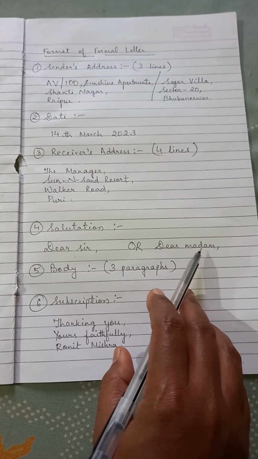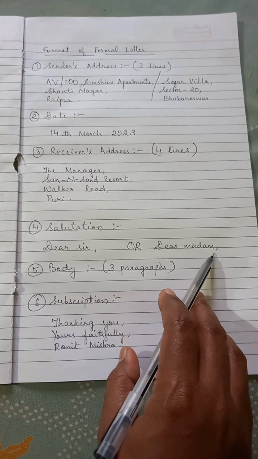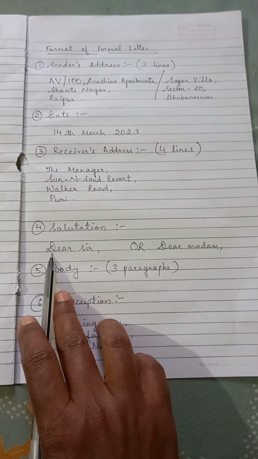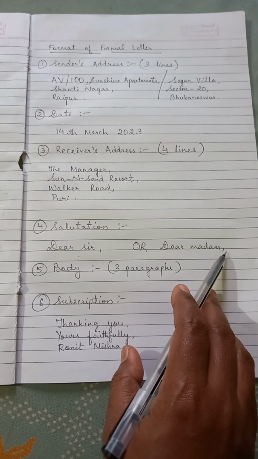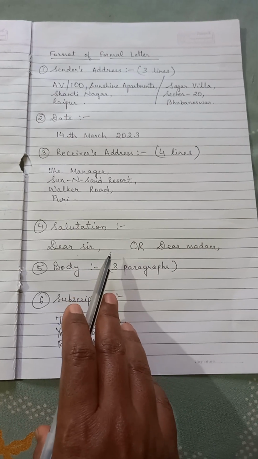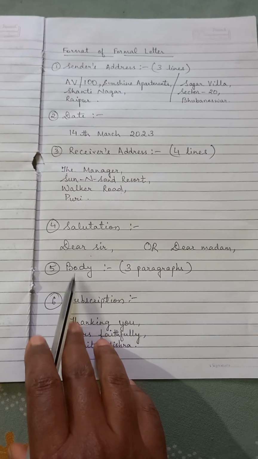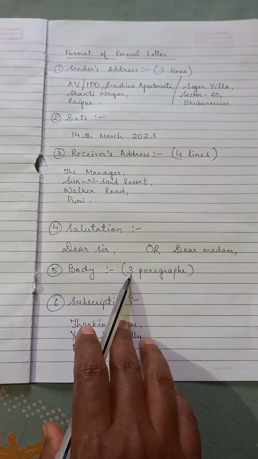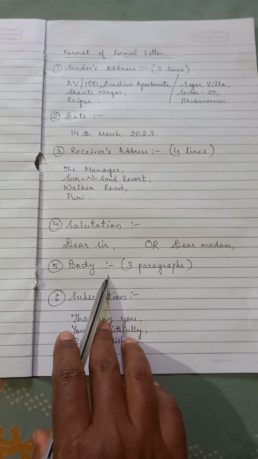No other way of salutation should be used as per the new guidelines. D capital, S small, D capital, M small, and put a comma. After the salutation you need not leave a line, and then we have to write the body of the letter, which should be of 3 paragraphs. I will discuss this in my next video.